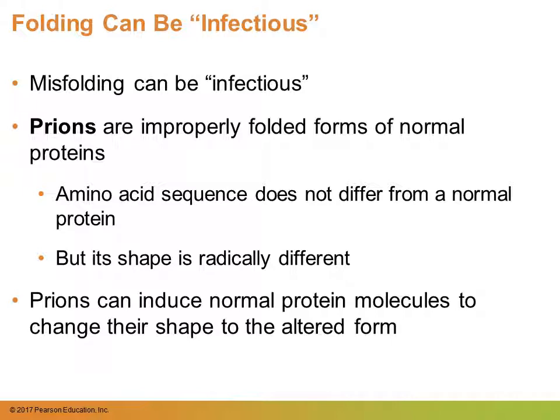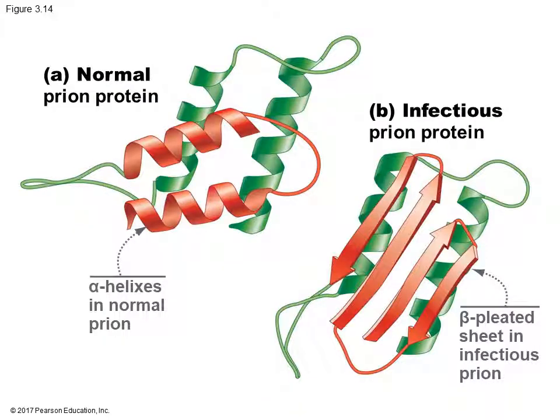Now these prions can induce normal protein molecules to change their shape and alter their form. In this example here, you see on the left-hand side a normal protein and then an infectious one. So the amino acid content is the same, but the shape has changed.